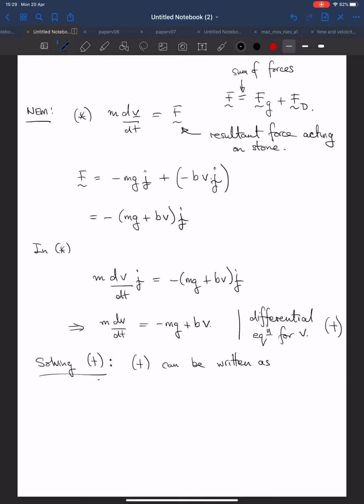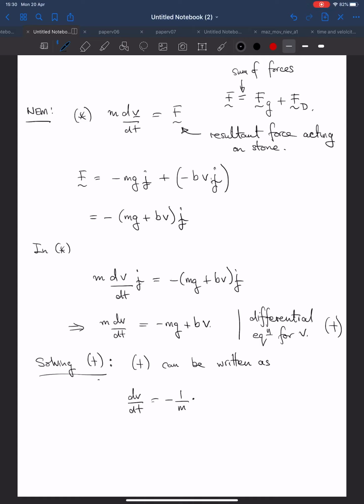now I'm just going to divide through by m, and I'm also going to make some manipulation on the right hand side. So if I keep dv by dt on the left, I have this, and then I need to multiply it by something corresponding to what was on the right hand side.